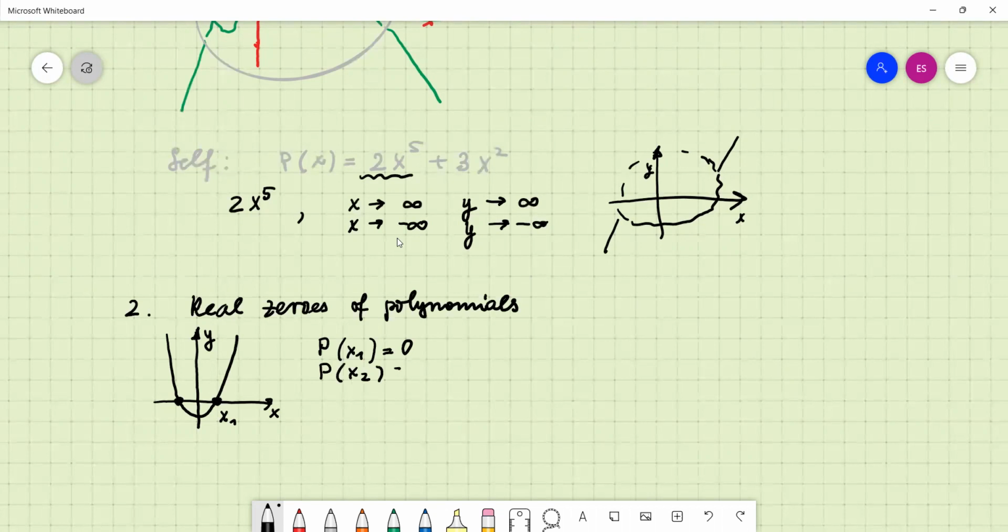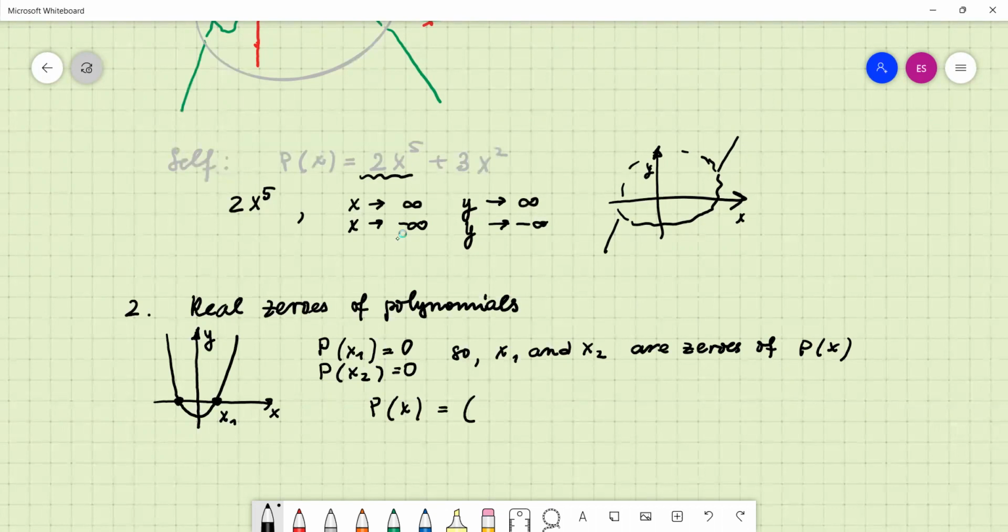P of x2 is also equal to 0. So x1 and x2 are zeros of this polynomial p of x. Well, we know that this is a parabola, so it's a quadratic polynomial, the simplest one, right? You know that every parabola can be represented as something like this.